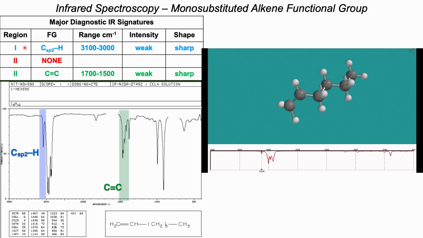We can see in region 1 we're going to have an sp2 hybridized carbon H stretch that's moved a little bit to the left of the normal alkane stretching, so you can see it there.